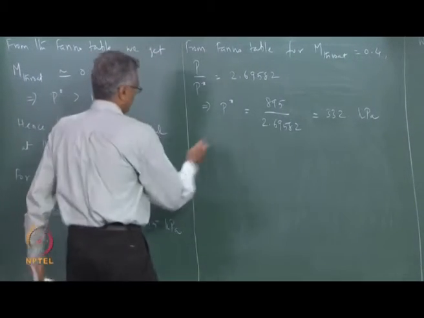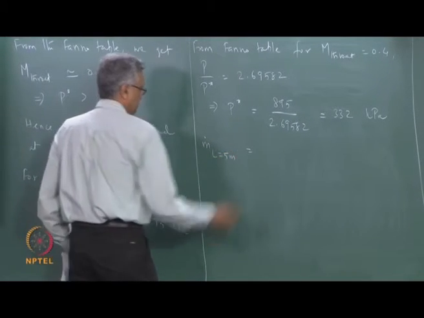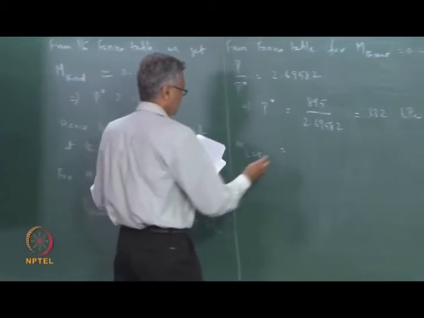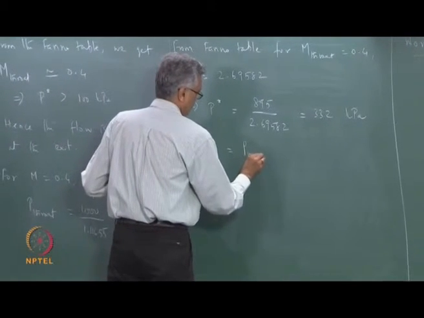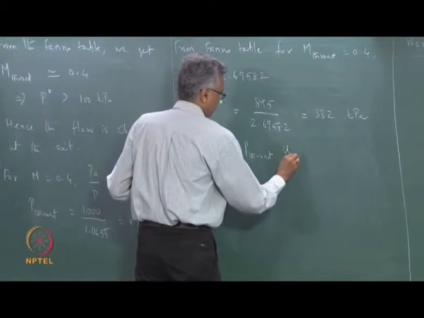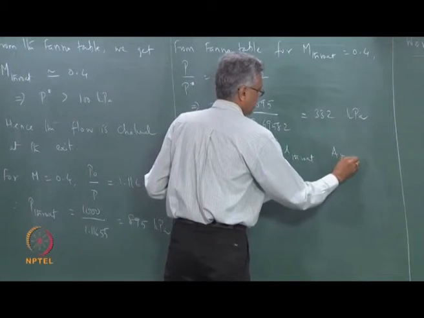So now the mass flow rate for a duct of length 5 meter being present here can be calculated like this: rho throat times U throat times A throat.